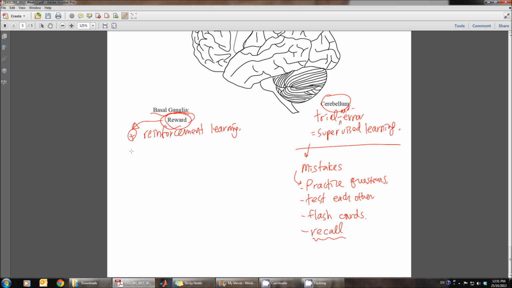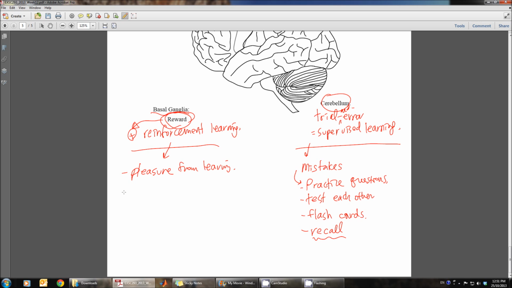So how are you going to apply it to exam preparation? First, pleasure from learning. Well, how do you get pleasure from learning? It can be very stressful. Well, you can actually make pleasure from learning by asking questions.